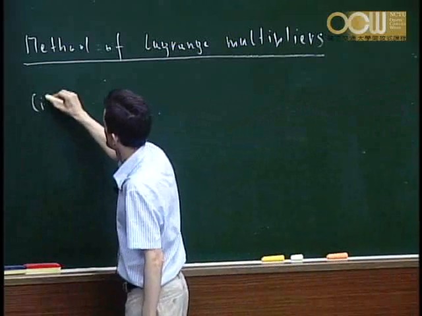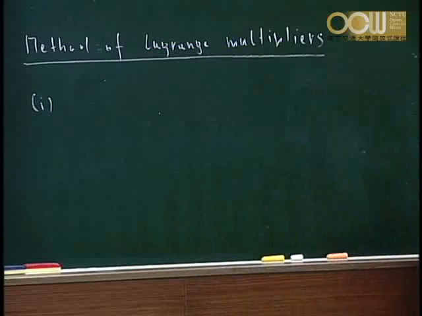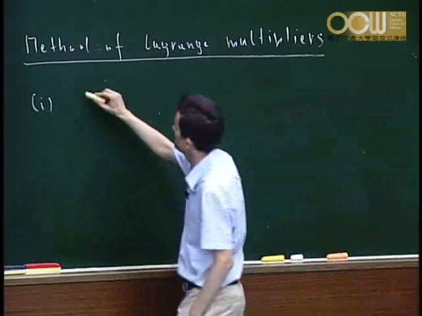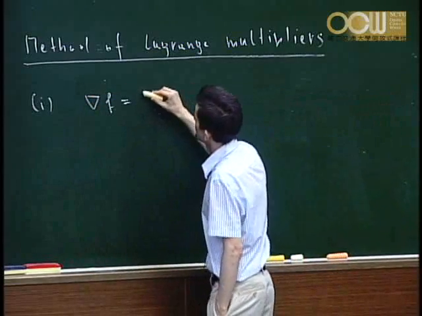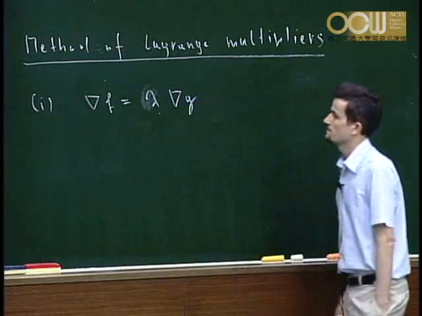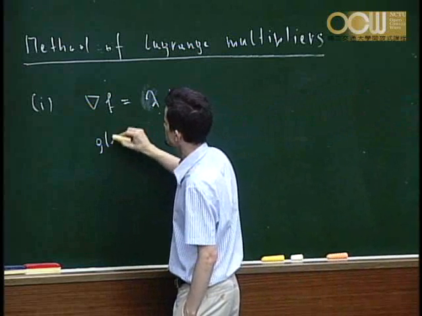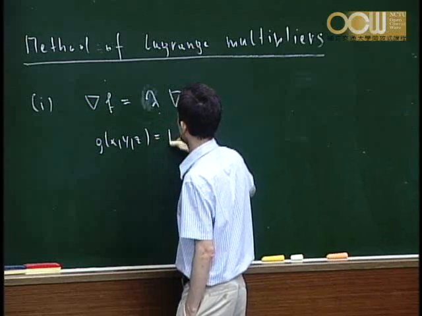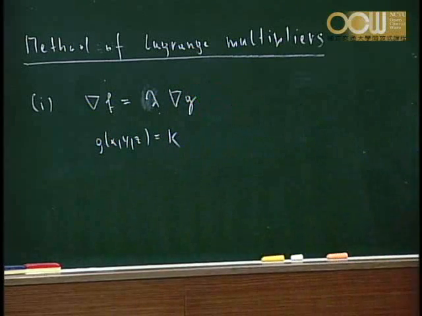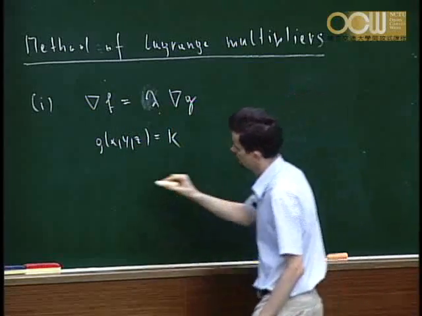We are given a function of three variables, f, and a surface, g of x, y, z is equal to k. So the first thing we have to do is solve this here, and we have another condition, which of course is g of x, y, z is equal to k. Find the solution of this system of equations. Find all solutions.